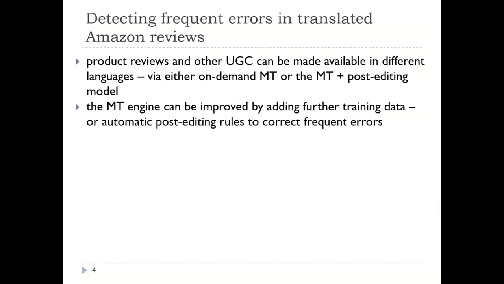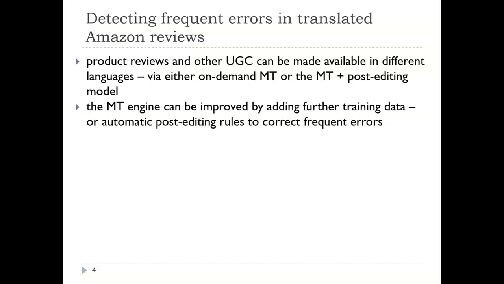Now, I'm going to go through an example of this in a little bit of detail, and indeed it is the example that we're going to be working on in class. So this is working on a large collection of Amazon product reviews.